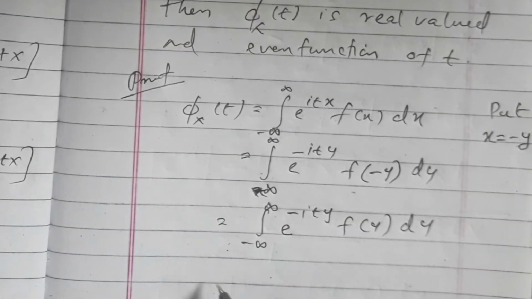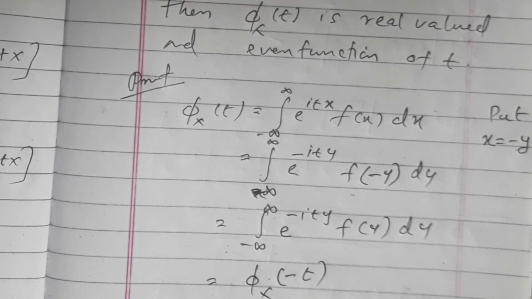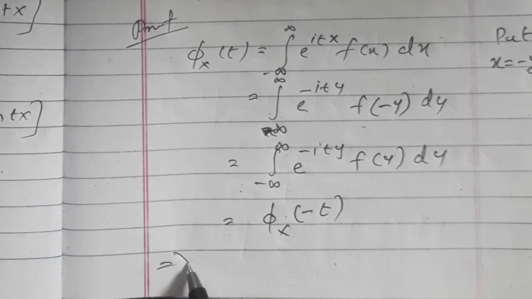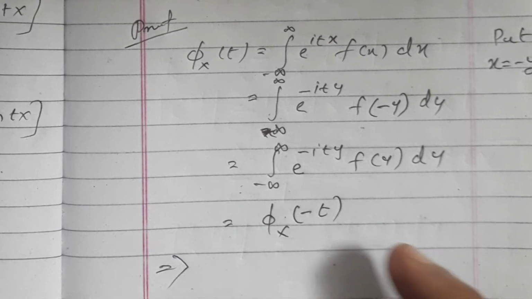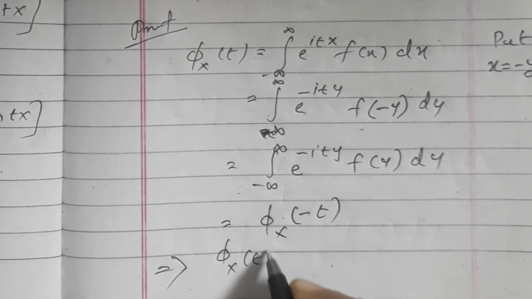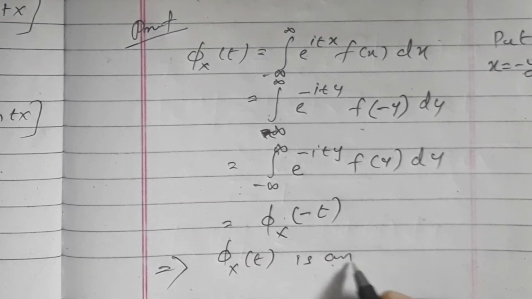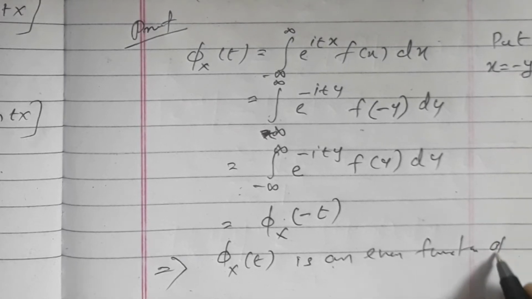Okay, so this is phi x of minus t, which implies that, what do we understand from this? Phi x of t is an even function of t.